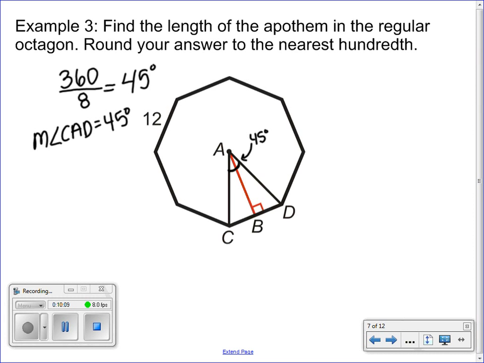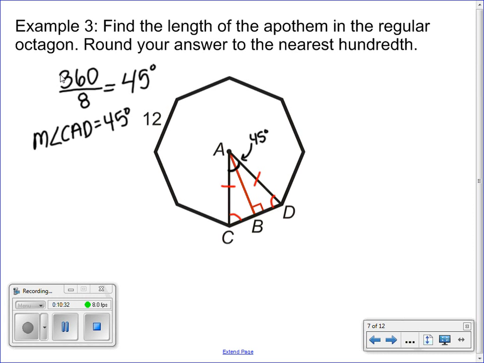Now I can use this to find the other two angles in the triangle CAD. Remember, all triangles add up to be 180. And again, just like we said before, every single polygon forms isosceles triangles. So I know that angle C and angle D are going to be congruent.